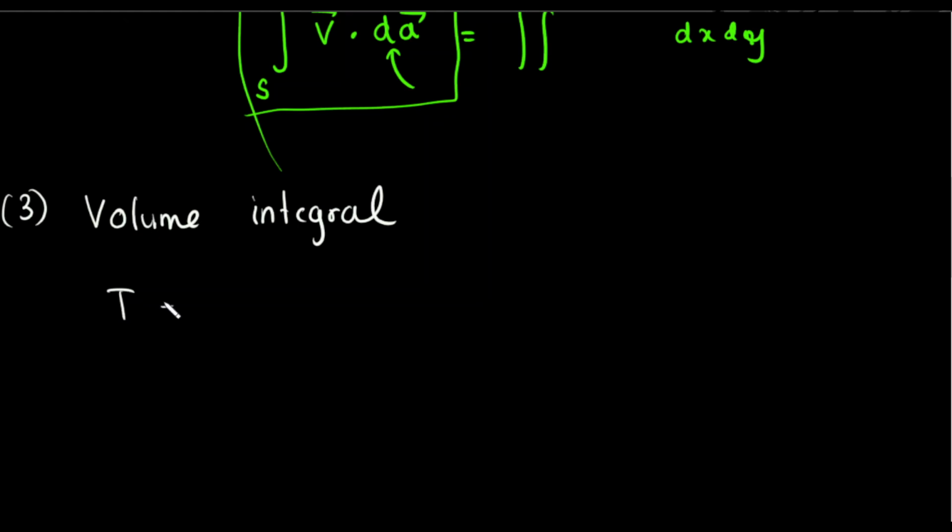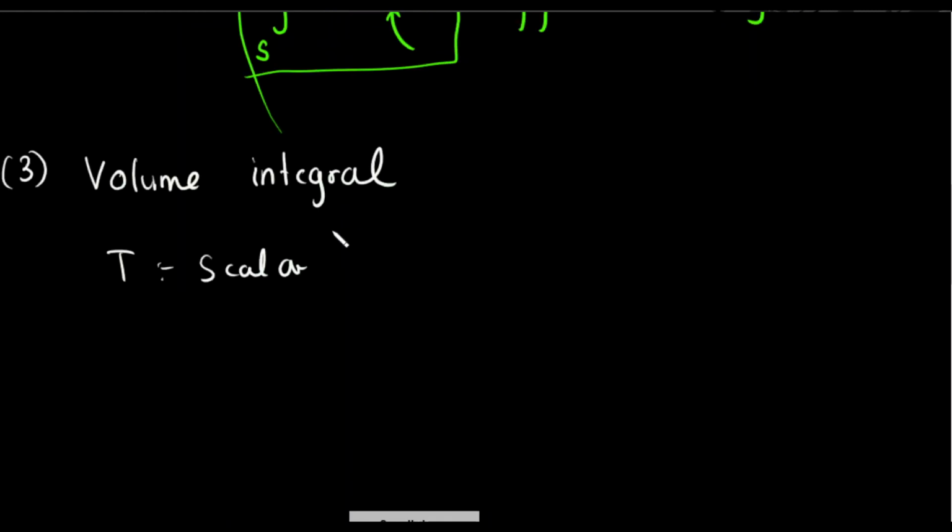If t is a scalar function, the difference between the volume integral and the other integrals, the line integral and the surface integral, is that in the volume integral we are considering a scalar function, but in the previous integrals we discussed integrals using vectors.